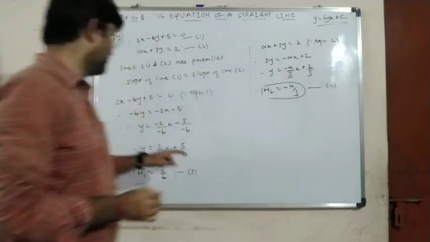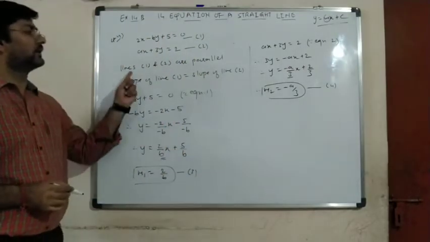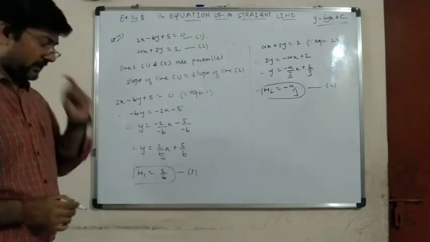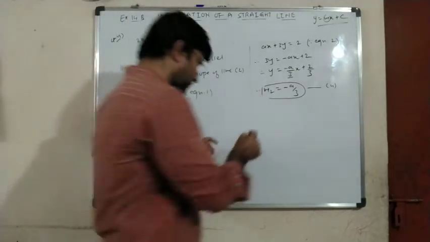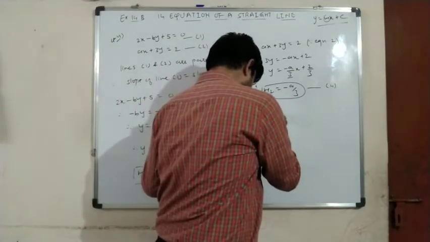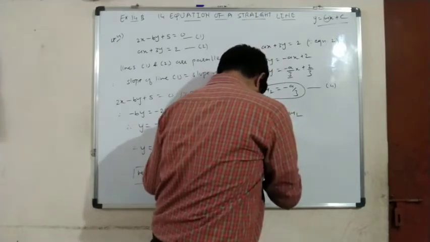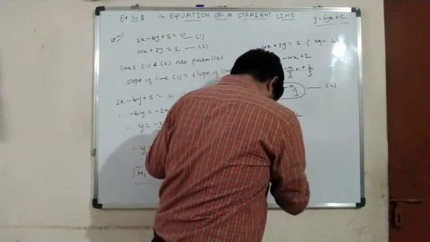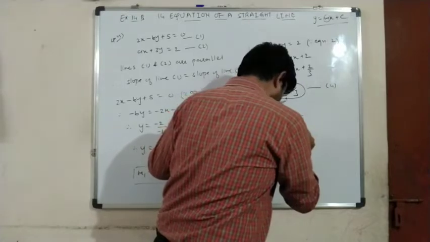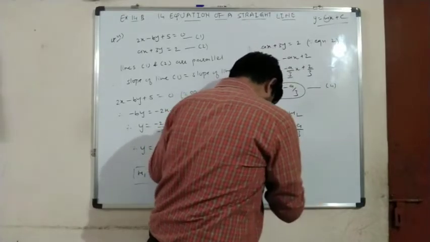Okay, now we know that slope of line 1 is equal to slope of line 2. Therefore, m1 is equal to m2. Now, we can take the relation m1 is equal to m2. Therefore, 2 upon b is equal to minus a upon 3.